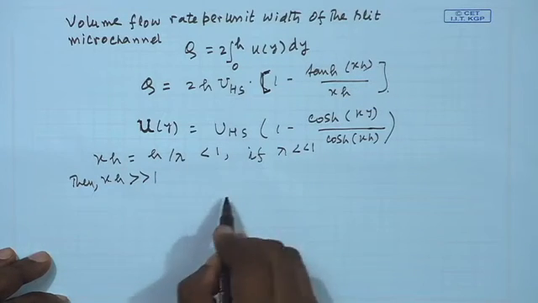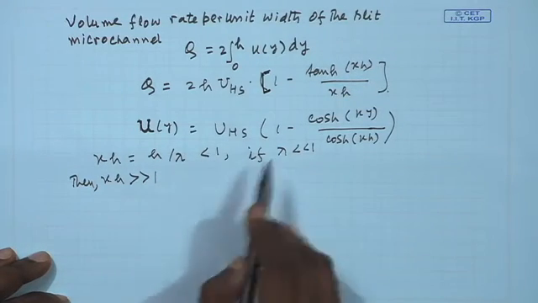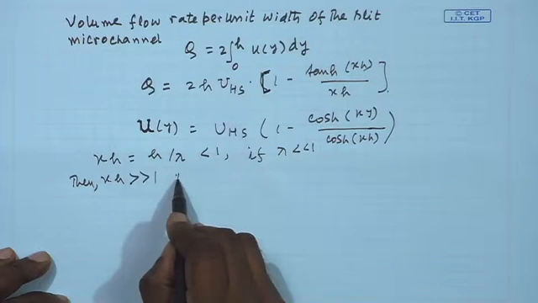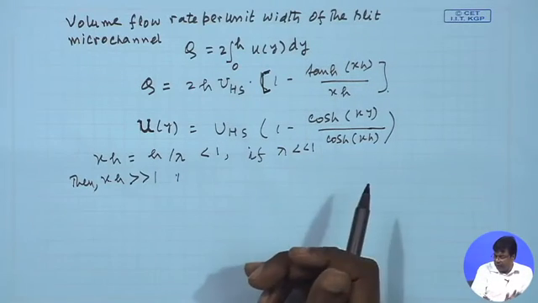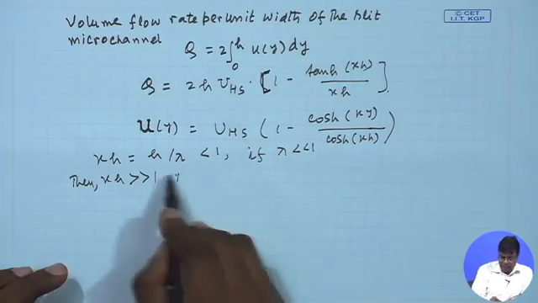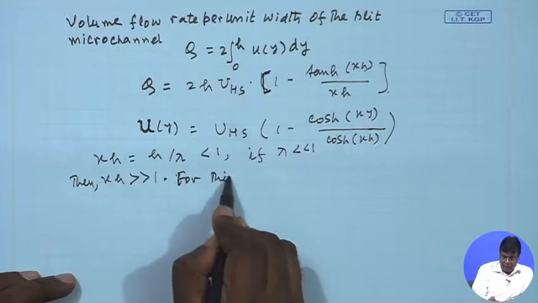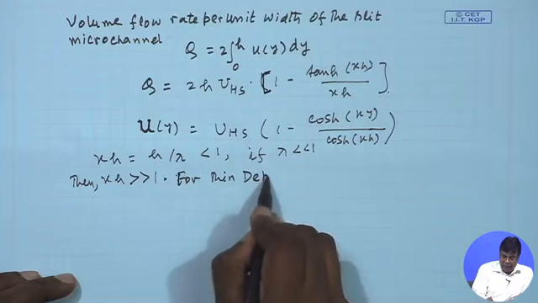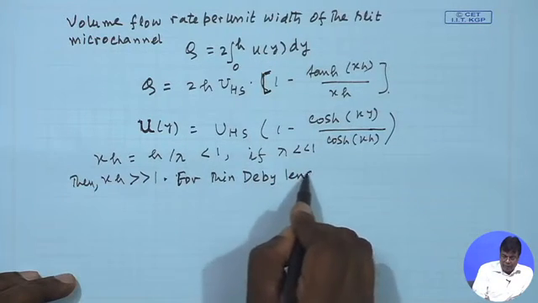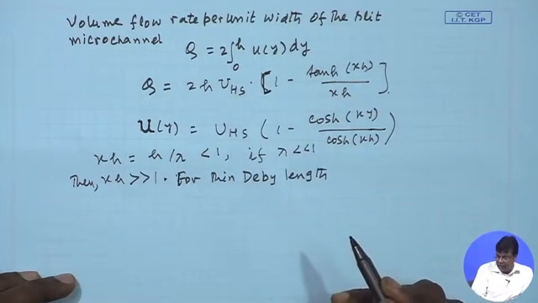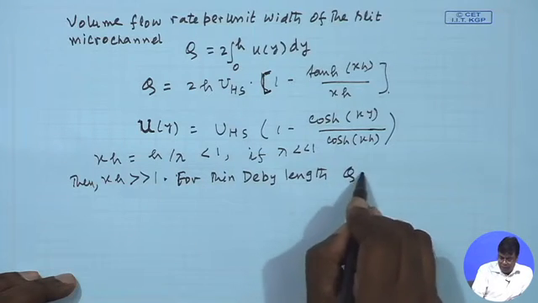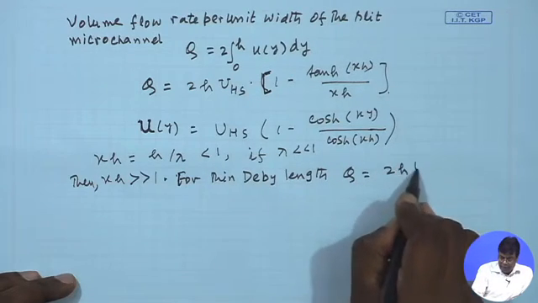In that case, what we find is that Q becomes QHS, and for a thin EDL, Q equal to 2H UHS.